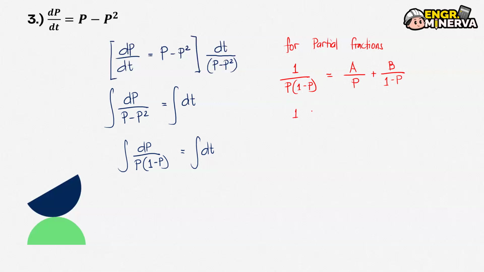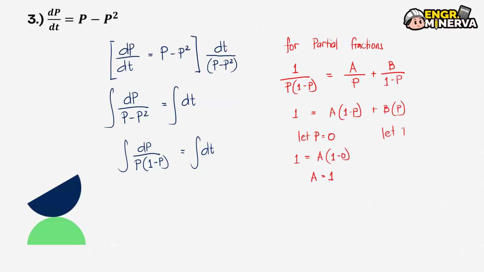Cross multiply, that would be 1 is equal to A multiplied to 1 minus p plus B multiplied to p. If we let p equal 0, we can eliminate B and find the value of A. So A is equal to 1.